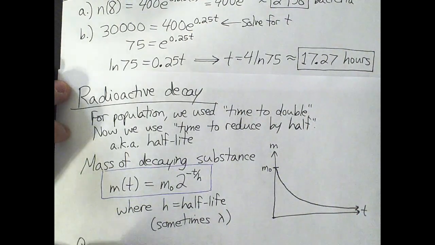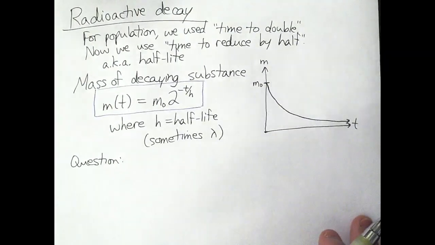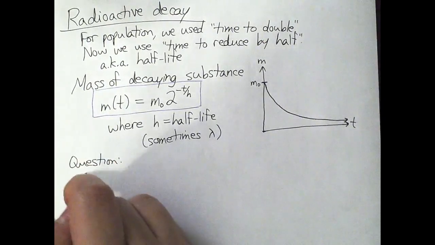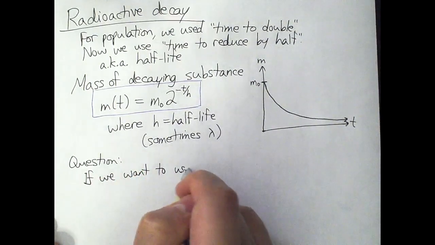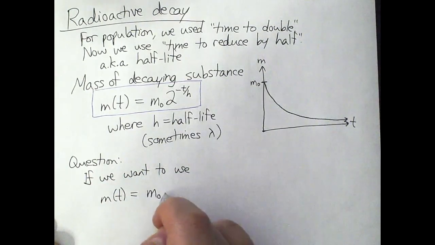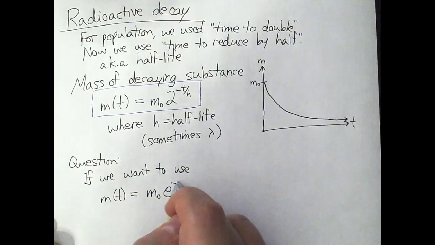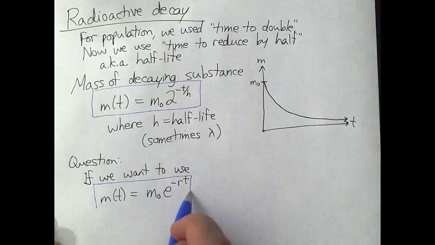So here's a question. What if we want to use base e? What if we want to do this but use base e? Can we do that? If we want to use a rewritten version of this that has base e and negative RT, I'm trying to do something that's kind of like an analog to the two different population models.